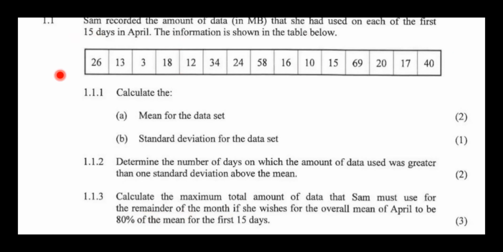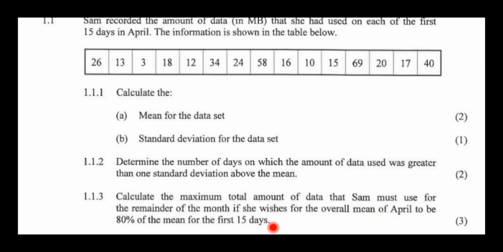Because this was the first 15, and then there's still another 15 days to make it 30. If she wishes the overall mean, for 30 days of April, to be 80% of the mean that it was for the first 15 days.